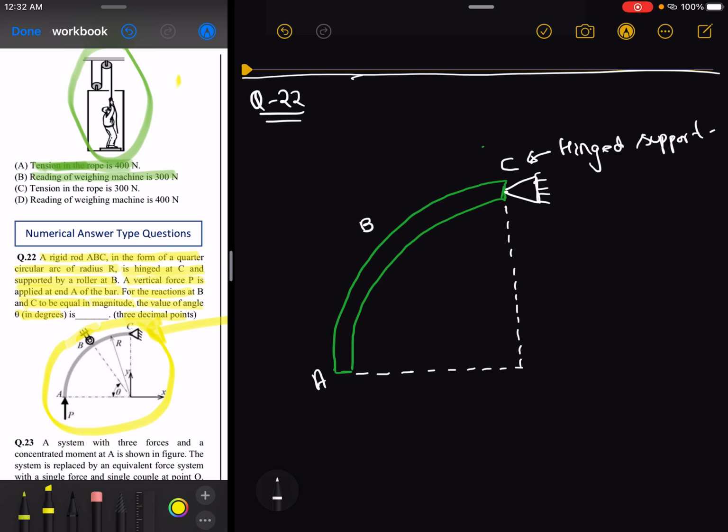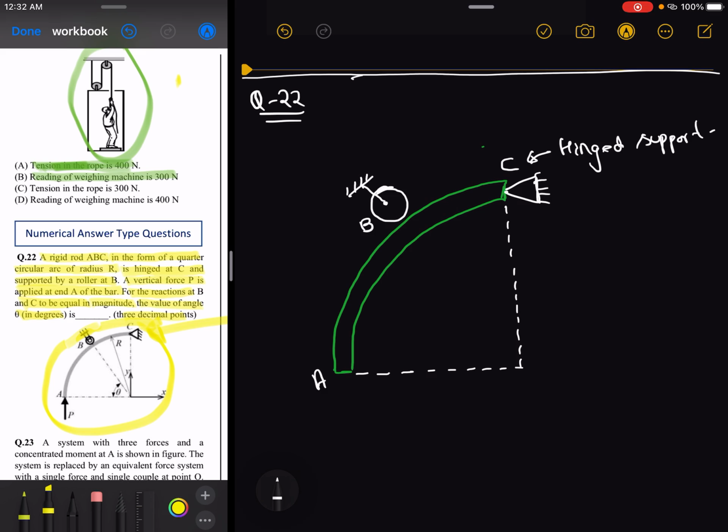To support this rigid rod ABC, a roller support is also provided at point B. Here is the roller support.